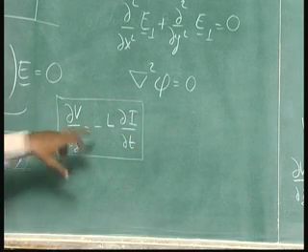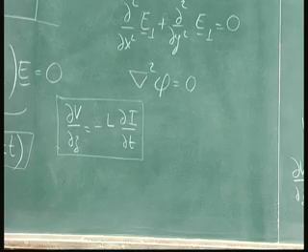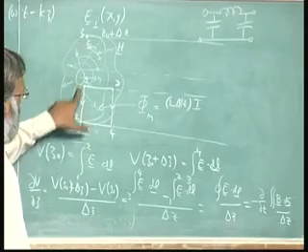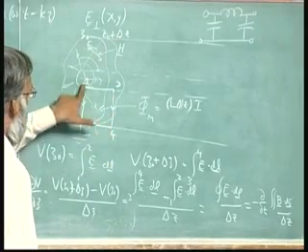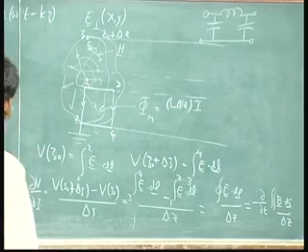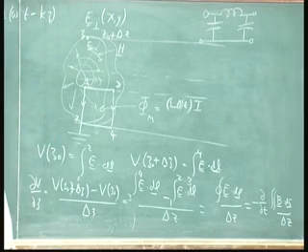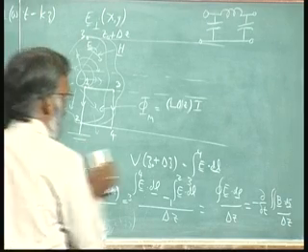So, this is the first transmission line equation, and it comes from looking at Stokes theorem applied to this rectangle. Now, for the second equation, we have to be a little more careful.